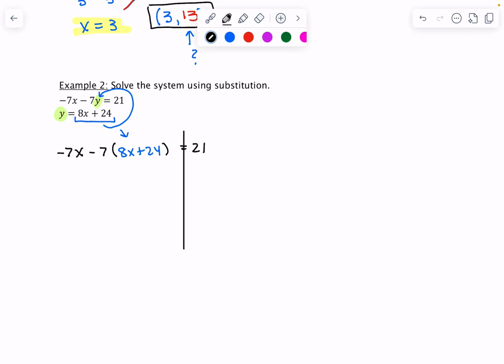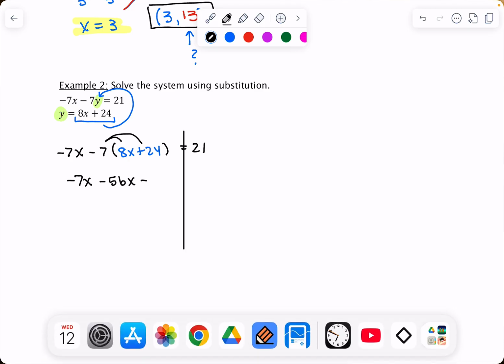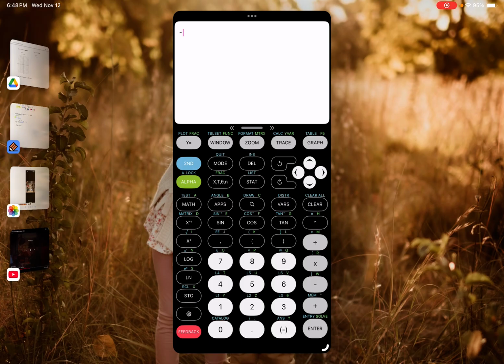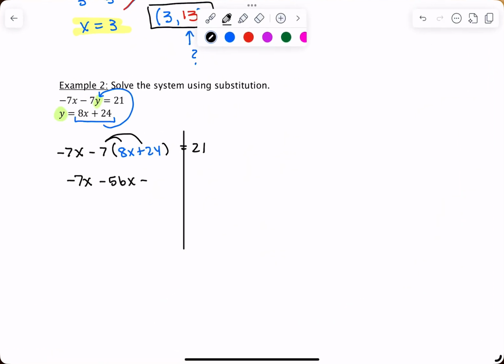So the first thing we want to do is distribute. So I'm going to bring down that negative 7x. This becomes 56x, and well, I'm not sure what negative 7 times 24 is. So let's look that up. Negative 7 times 24 gives me negative 168.